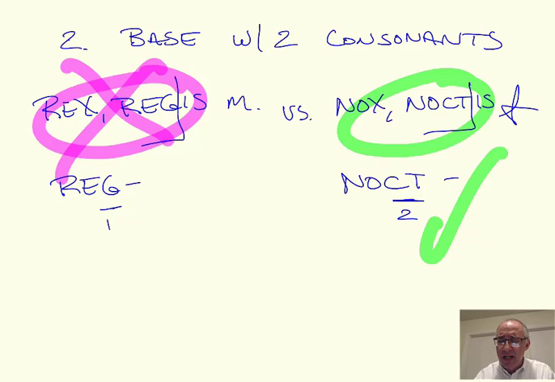A corollary to that is the nominative ends in an S or X. But really, I can't think of a word that has two consonants in the base and has a different letter other than S or X. It doesn't matter. Again, what does all this mean? It just means there's an IUM in the genitive plural. That's it.